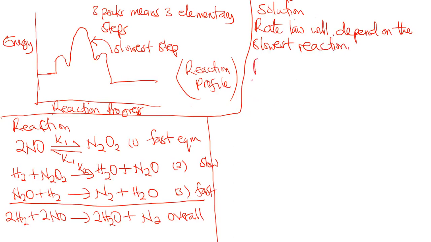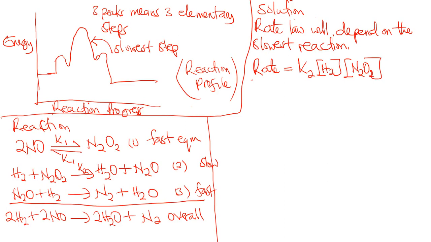So we'll say that the rate of this reaction is given by K2 times the concentration of reactants. That's what this rate should be, because elementary step 2 is the slowest elementary step. So that is our rate of reaction.